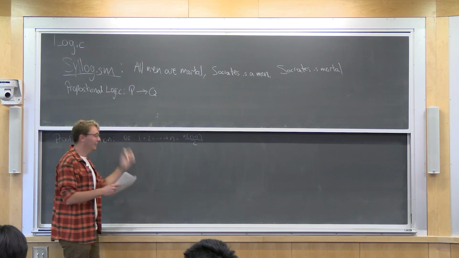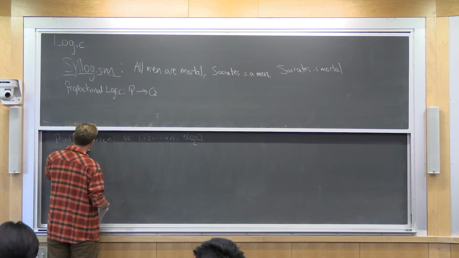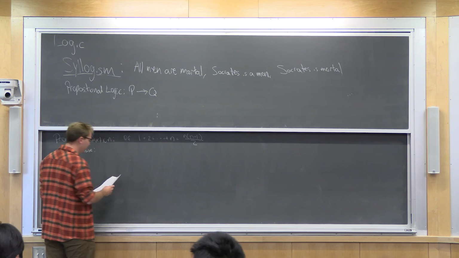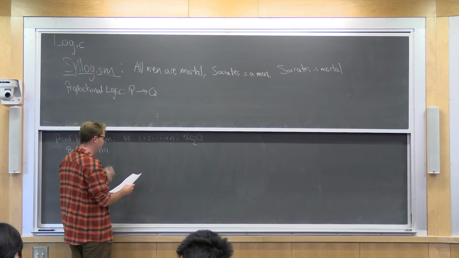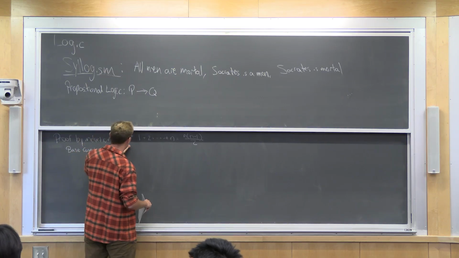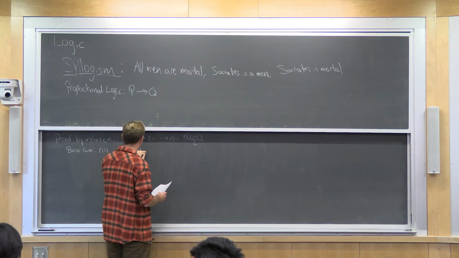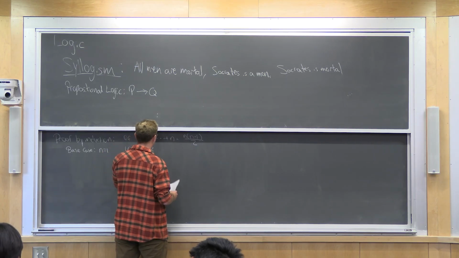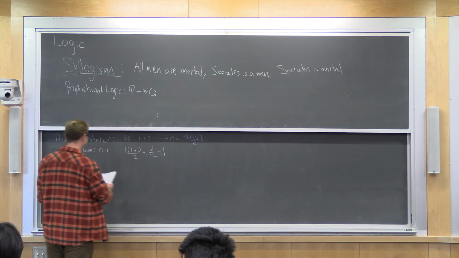So our base case is when n equals 1. This is pretty straightforward. 1 times 1 plus 1 over 2, so equal to 2 over 2, which equals 1. That's it.